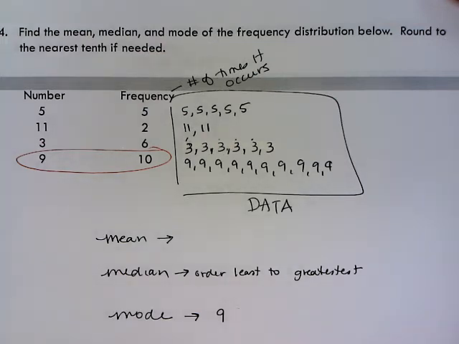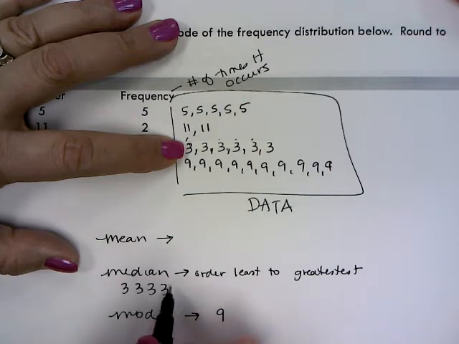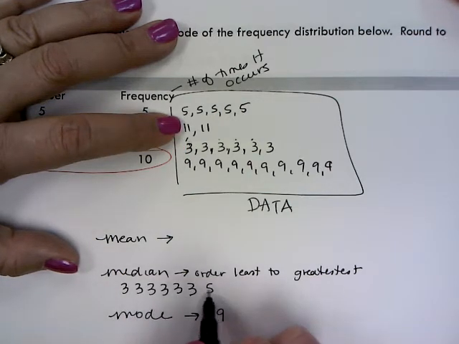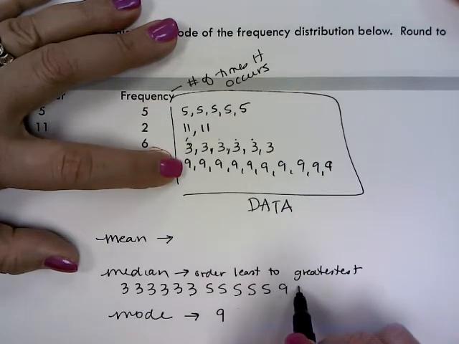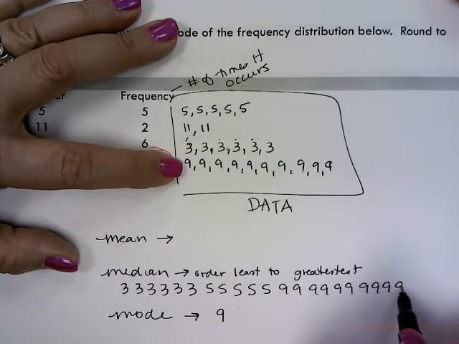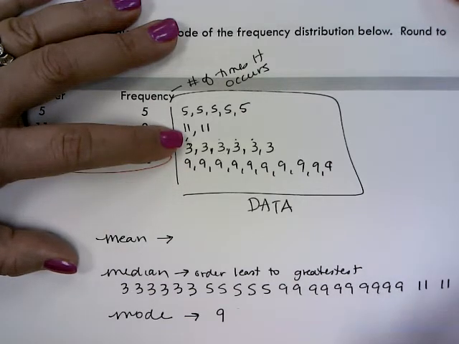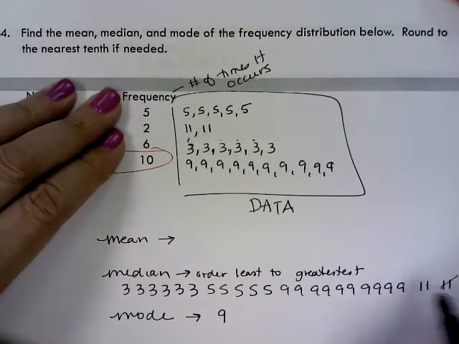So, let's find our median. We're going to put them in order from least to greatest. Then we're going to count to the middle. All right, so now, if I want to find it the old-fashioned way, I just start counting to the middle number.